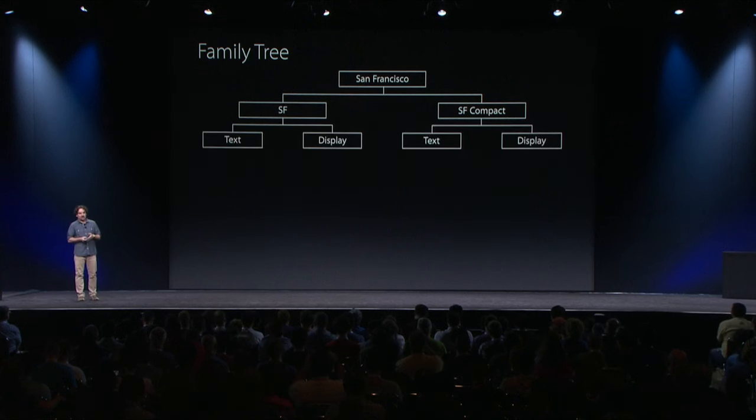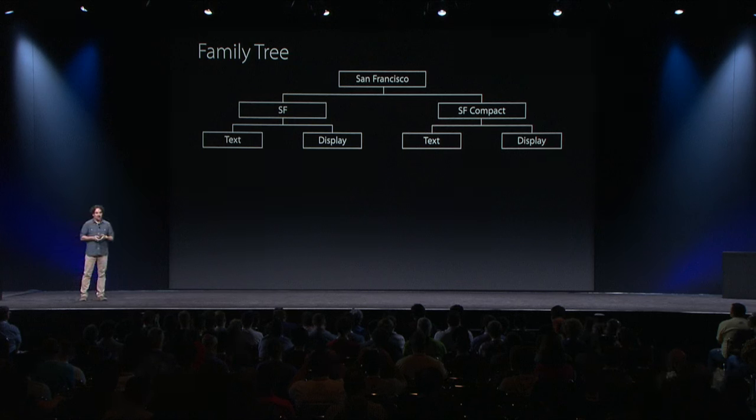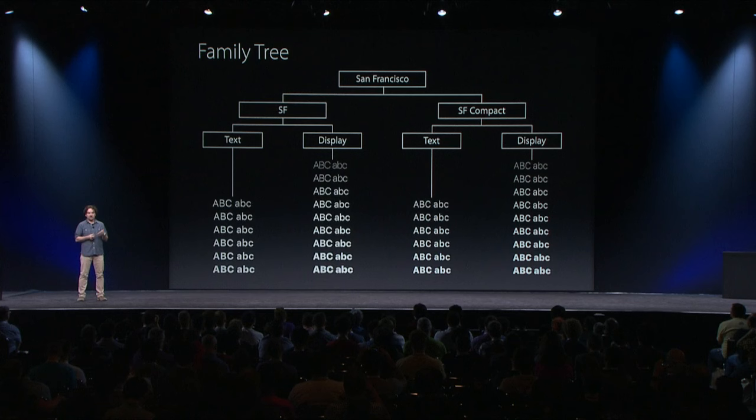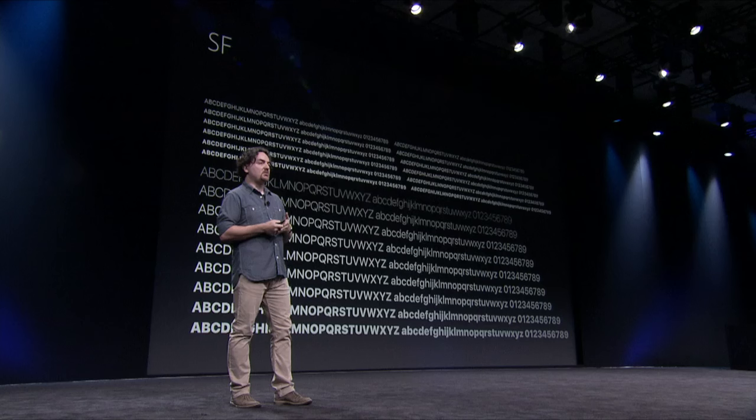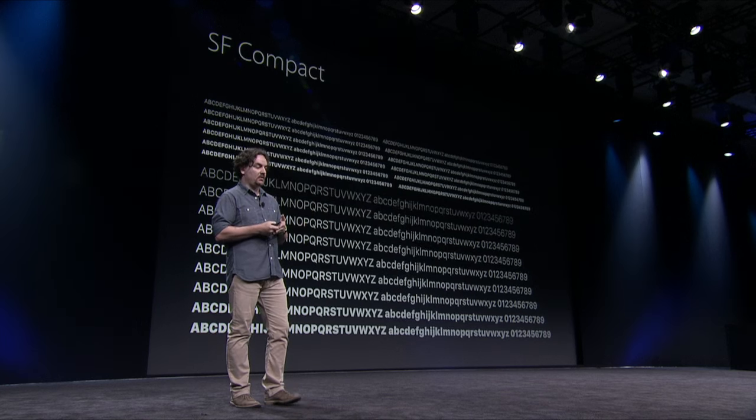Both families have two cuts that are called optical sizes, and they are text and display, and I'll talk about these in a second. And all of the fonts have 6 weights for the text families and 9 for the display ones. So again, SF ships on iOS and OS X, and SF Compact ships on the watch.